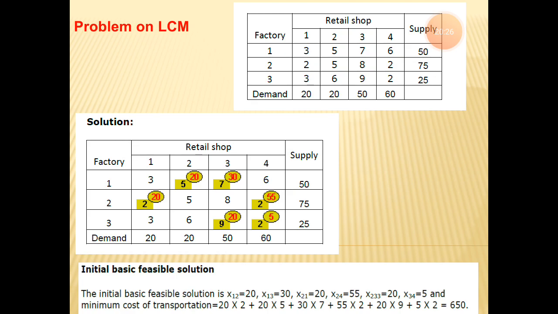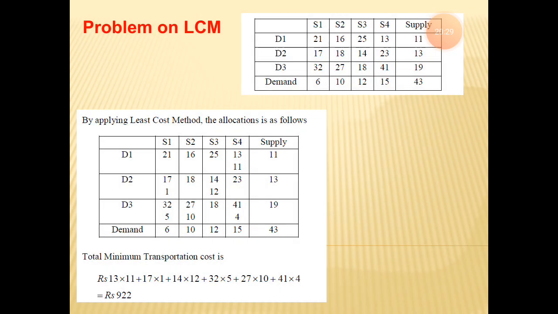In the least cost method, how do we allocate? In the entire matrix, you have to select the minimum cost. Note that point. In the entire matrix, select the lowest cost.